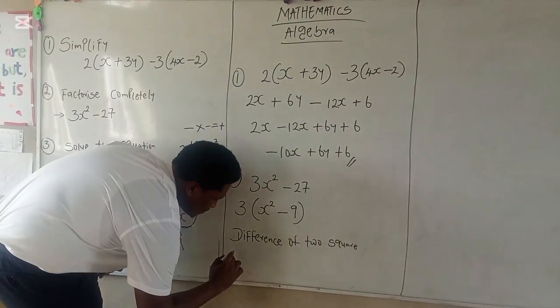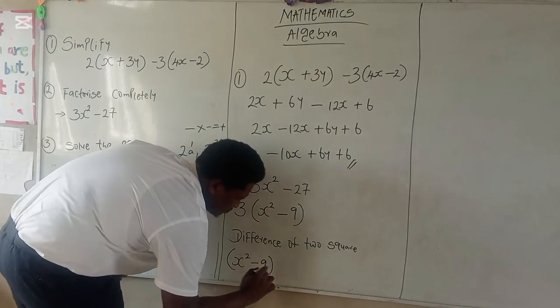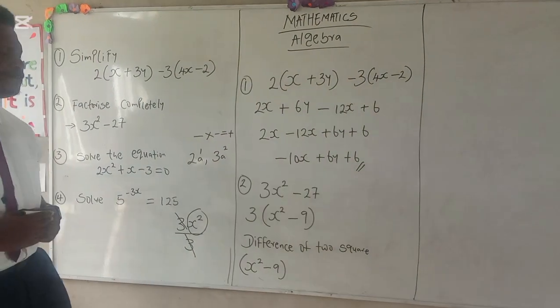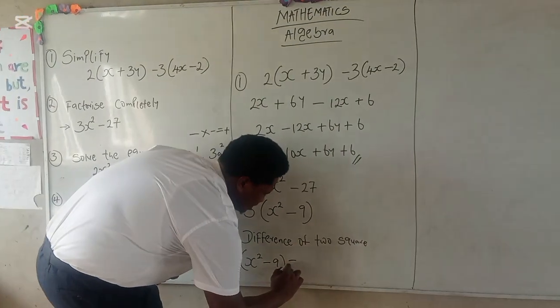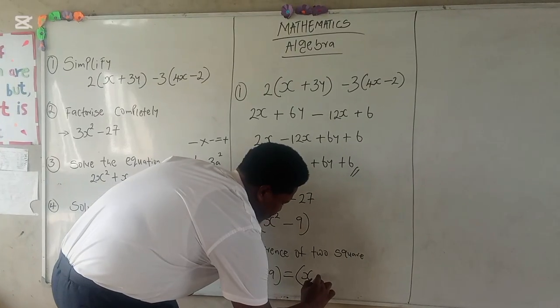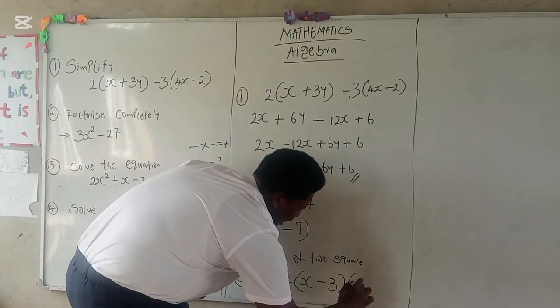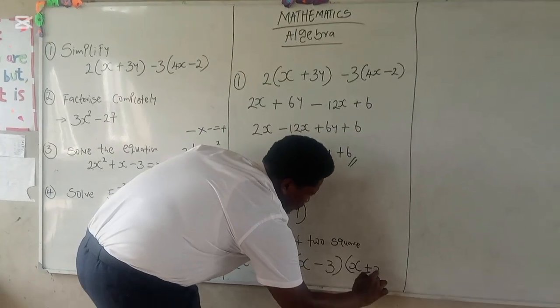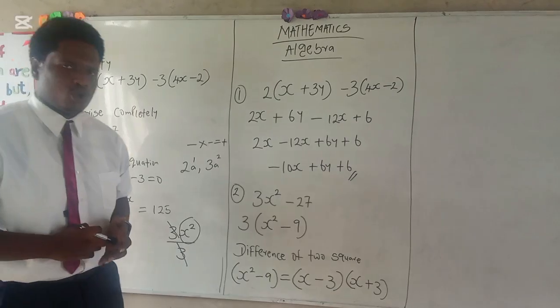So when we have x squared minus 9, using the difference of 2 squares, this can be expressed as x minus 3 and x plus 3.